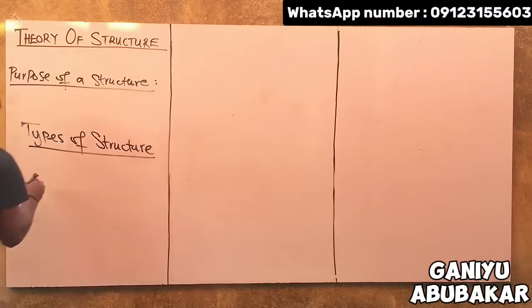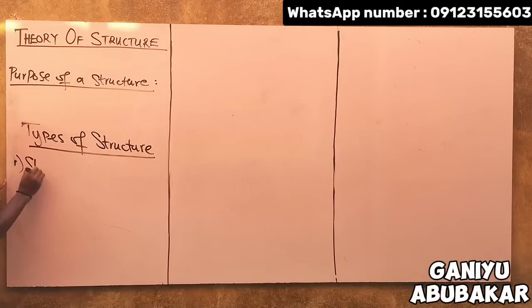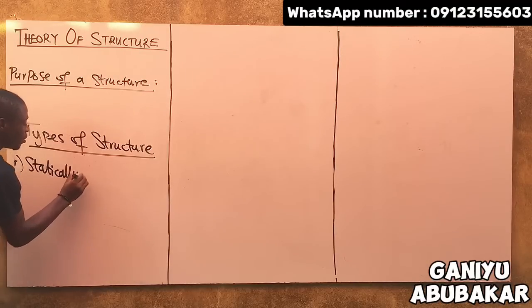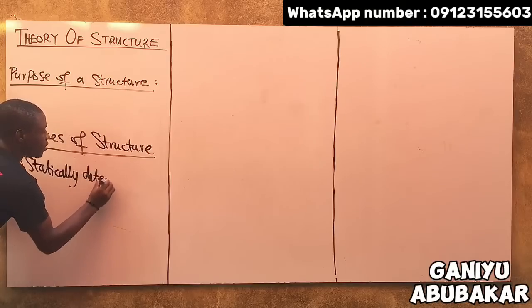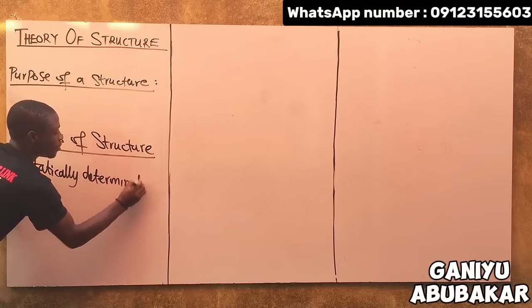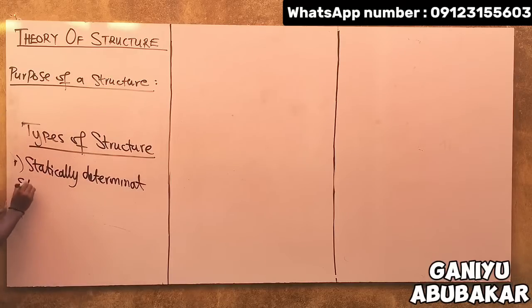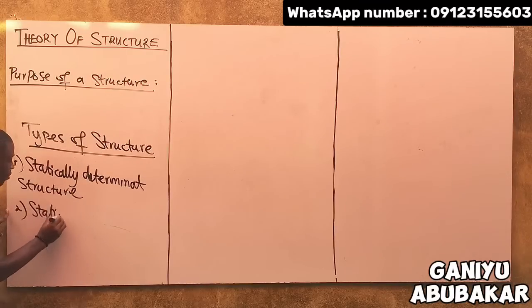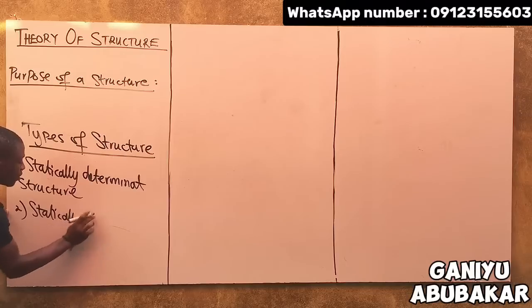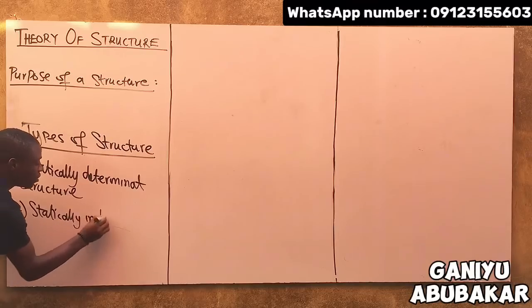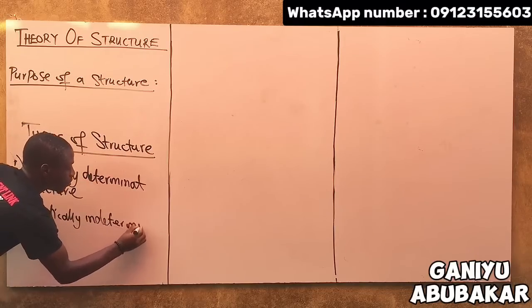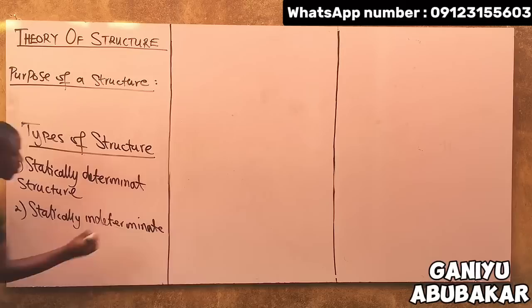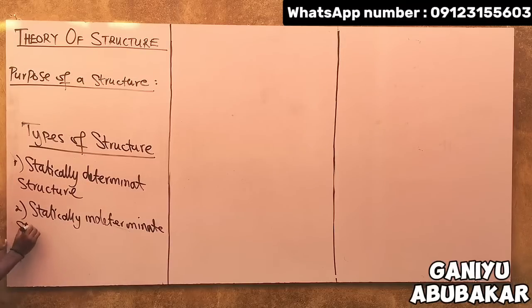The first one is called statically determinate structure, and number two is called statically indeterminate structure.